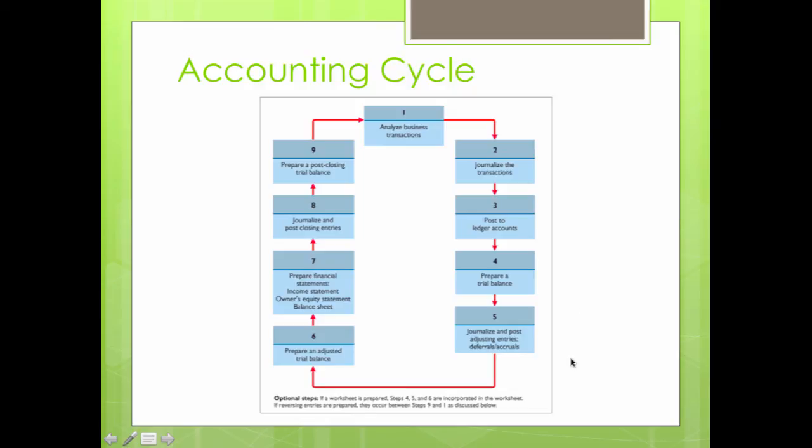So it's very, very important that you feel very strongly and sure that you know this accounting cycle pretty well, which is the reason why I have focused on each of these steps a week at a time, and why it has taken us a little bit of time to cover the accounting cycle.